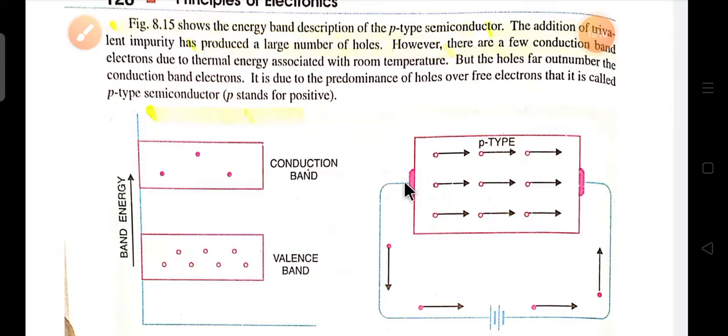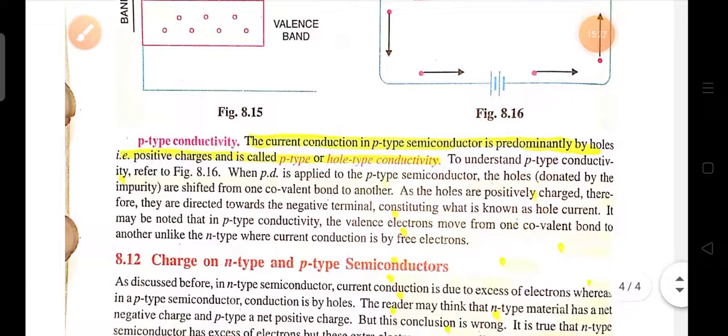So here the current flows due to the hole. The current conduction in p-type semiconductor is predominantly by holes, which are positively charged, and is called p-type or hole type conduction.